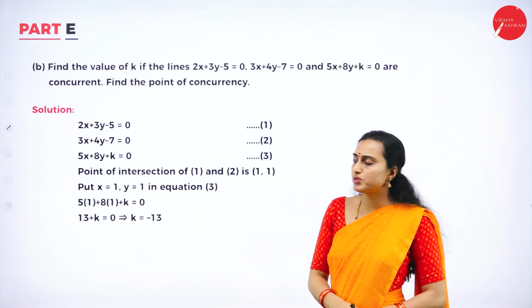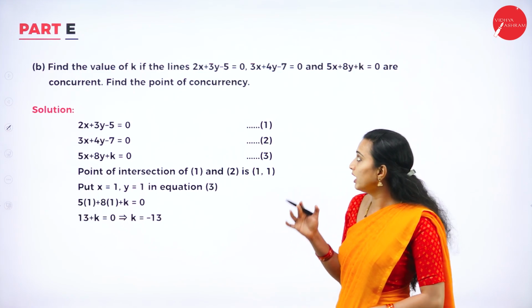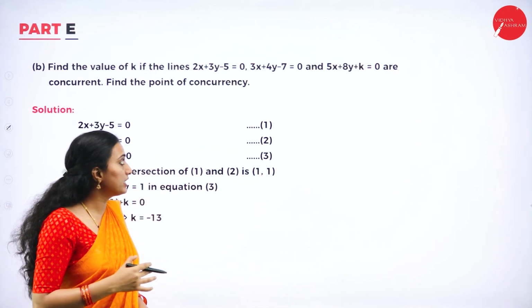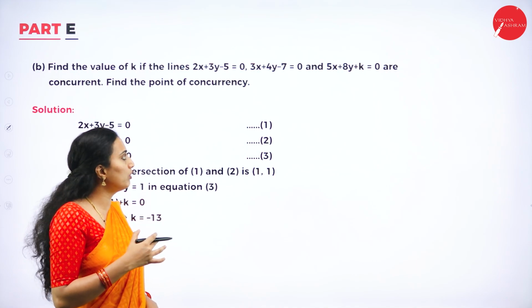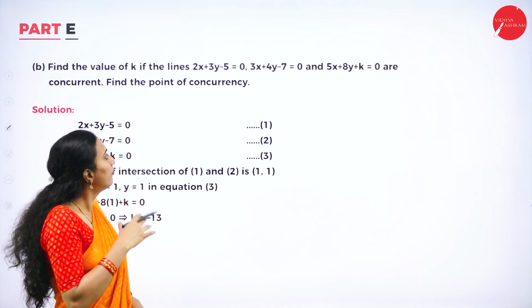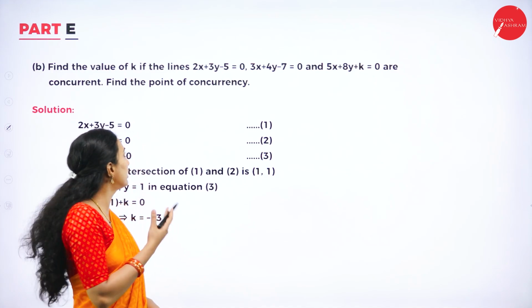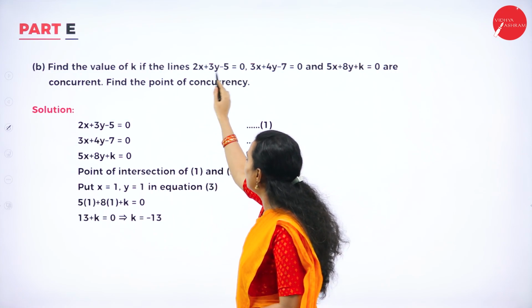Next question, option B: find the value of k if the lines 2x plus 3y minus 5 equal to 0, 3x plus 4y minus 7 equal to 0 and 5x plus 8y plus k equal to 0 are concurrent. They have asked to find the point of concurrency and also the value of k. So here let us solve these two equations.